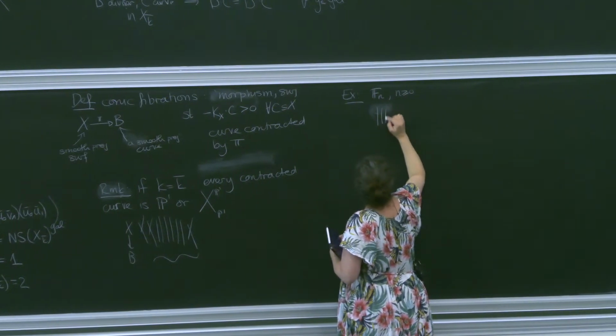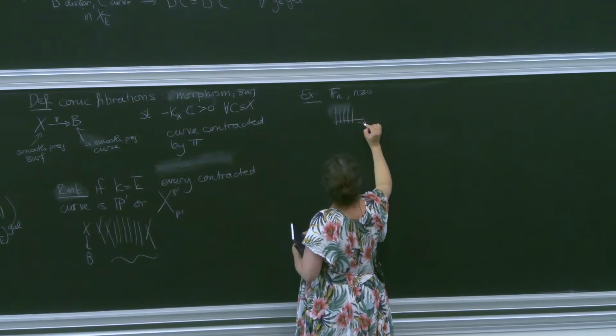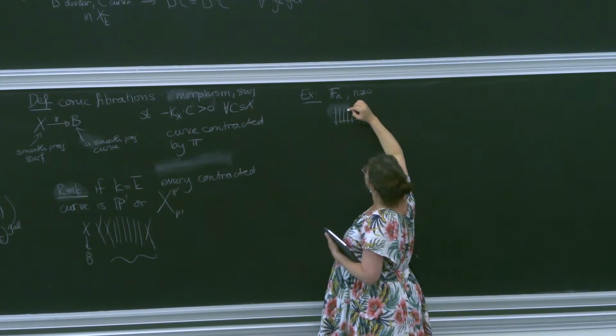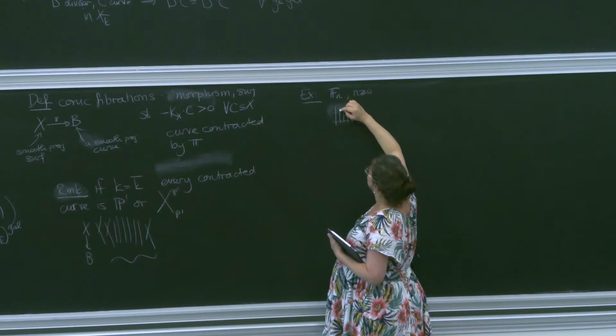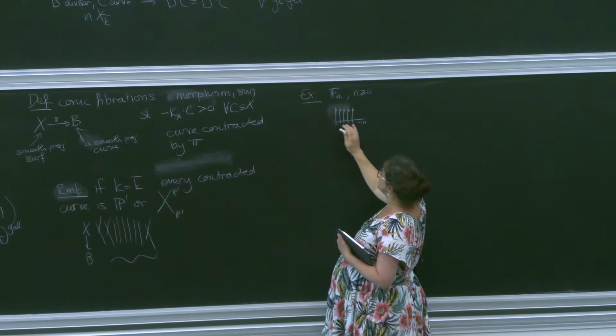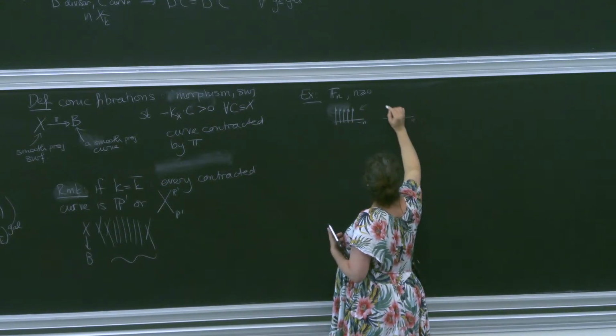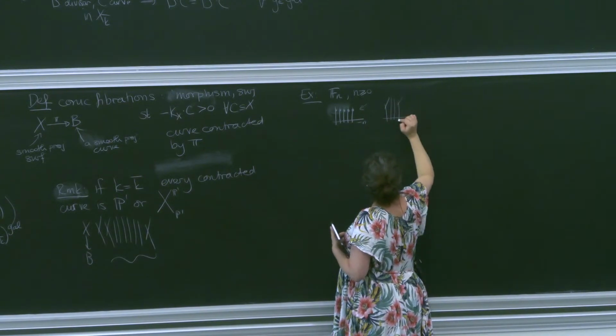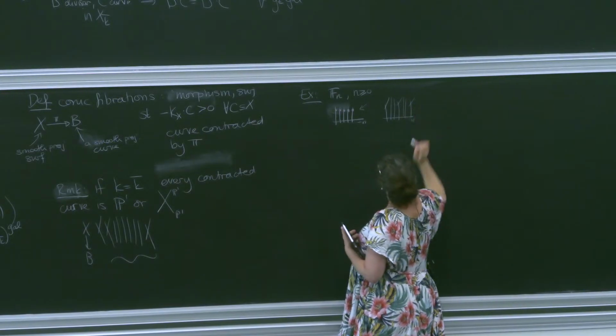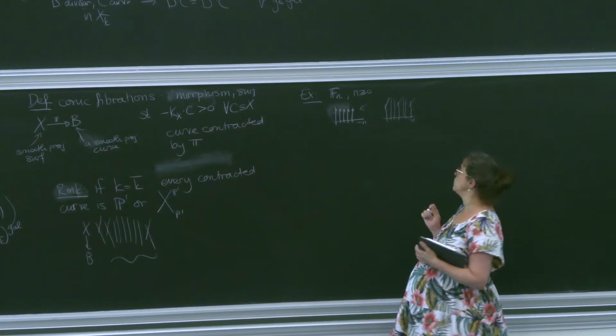So if I have a Hirzebruch surface, I can take points in distinct fibers and blow them up. And that's still a conic fibration.